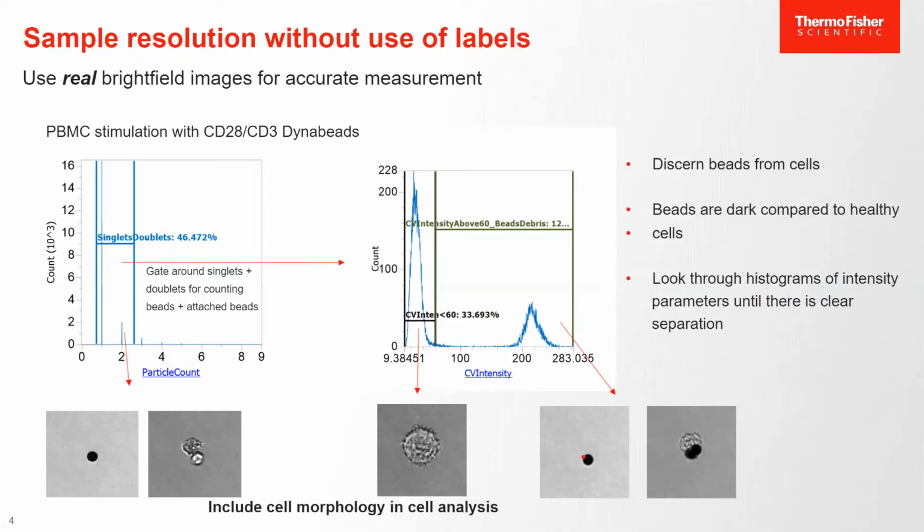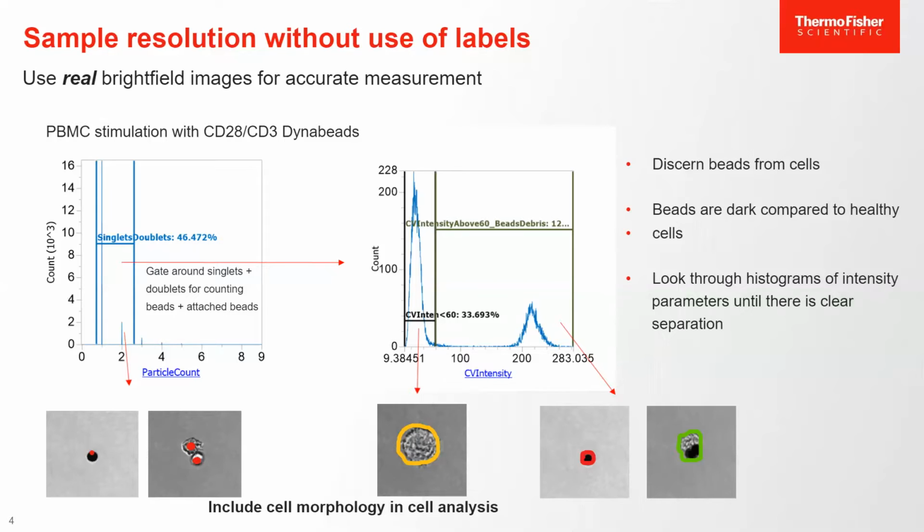On the Attune CytPix, you can capture real bright field images, and with the assistance of machine learning, analyze those images at scale. And if prompted, to a depth that is difficult to discern with the human eye. You can clearly inspect objects within the images, confirm that the machine learning models are counting them correctly, and determine whether they are beads or cells or something else.